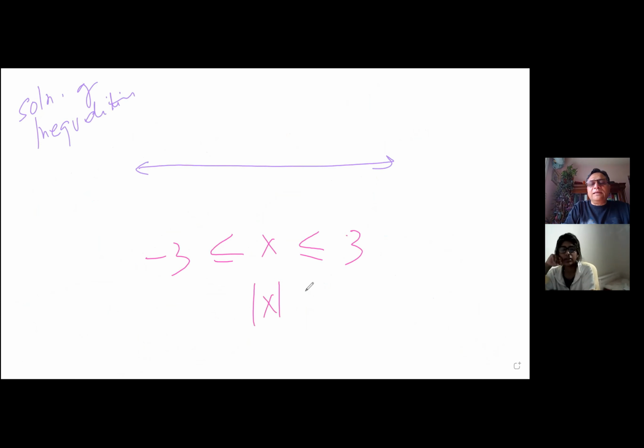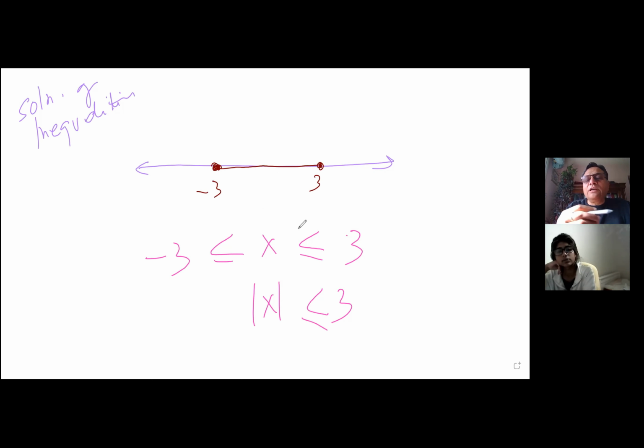We say the absolute value of x is less than or equal to 3, correct? That really means on a number line, the solution is from minus 3 included to plus 3. Is that okay?